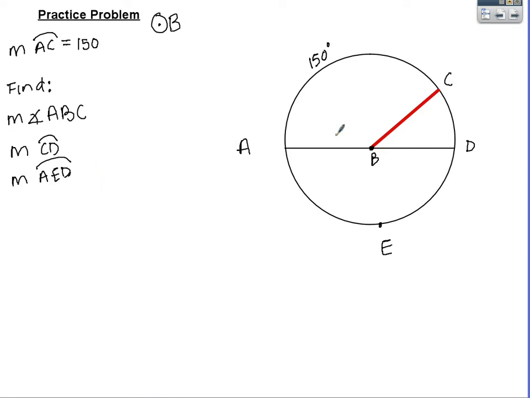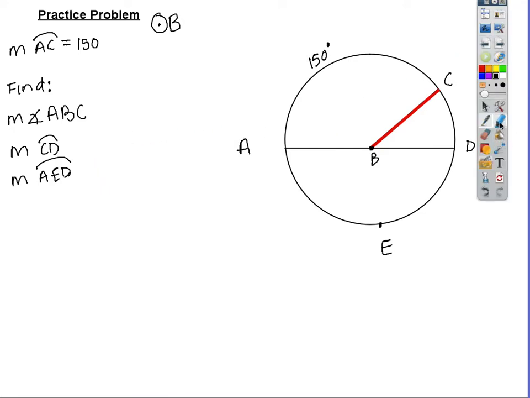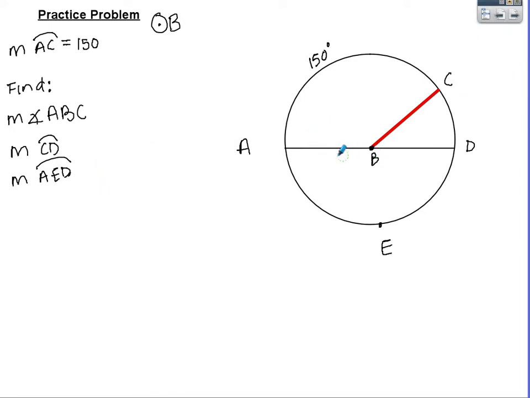If B is the center, that means that AD is a diameter, which splits the circle in half, so half of 360. AED on this side would be 180 degrees.